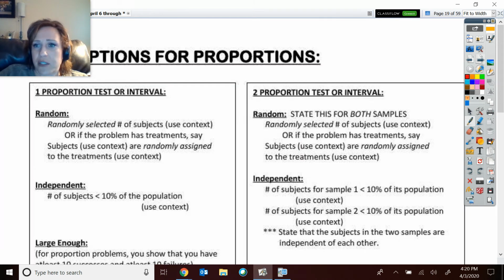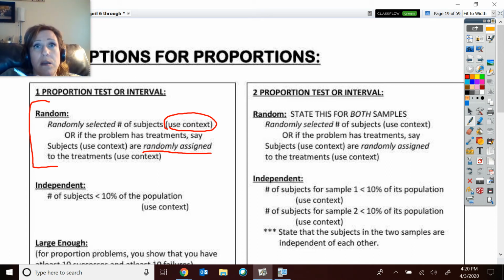All right, assumptions. Here we go. Okay, remember that we are saying randomly selected number of subjects, use context, randomly selected number of students, or whatever. But if you have an experiment, you are not saying randomly selected subjects.